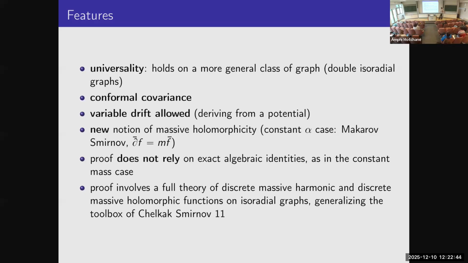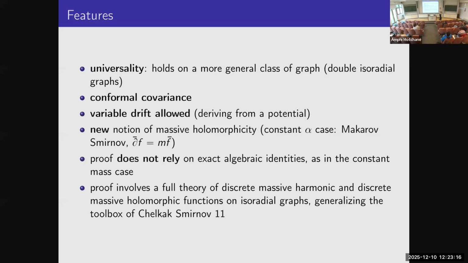The first one is that I presented everything on the square lattice, but we can prove all this on a more general class of graphs, the class of isoradial graphs, actually the double graph of isoradial graphs. The second point is that the limit has some conformal covariance because it is expressed in terms of these boundary value problems.